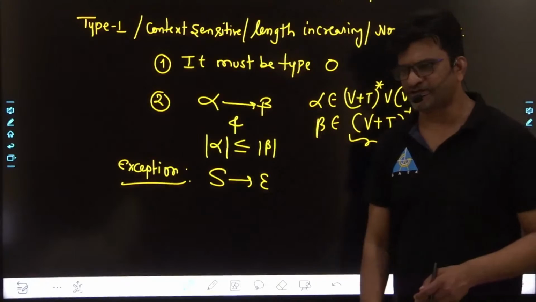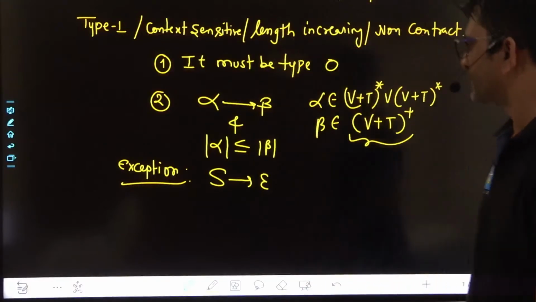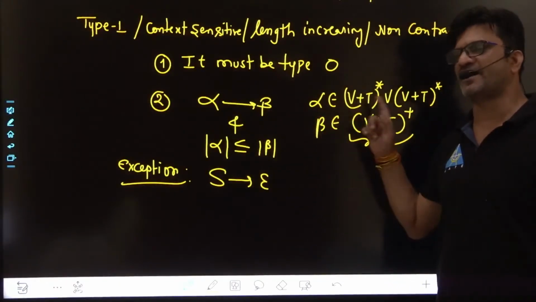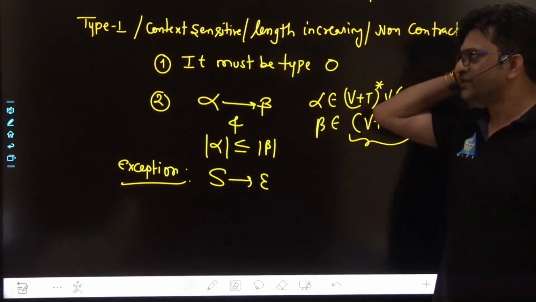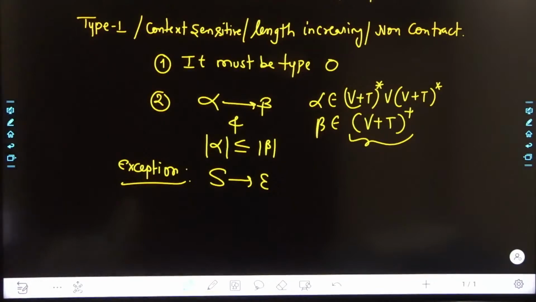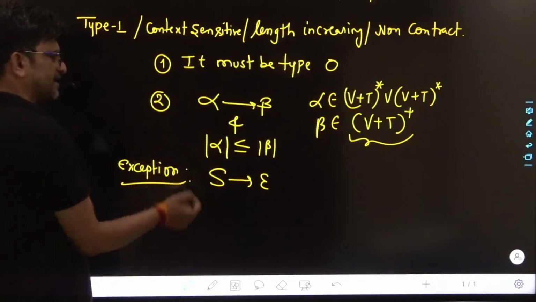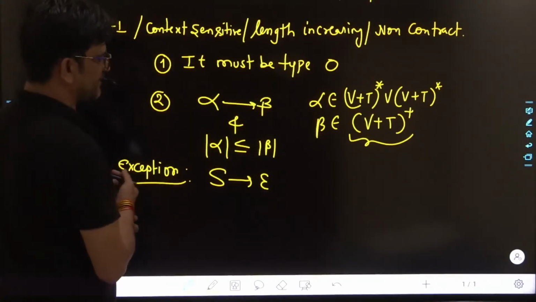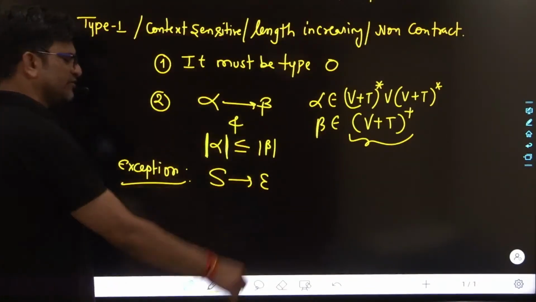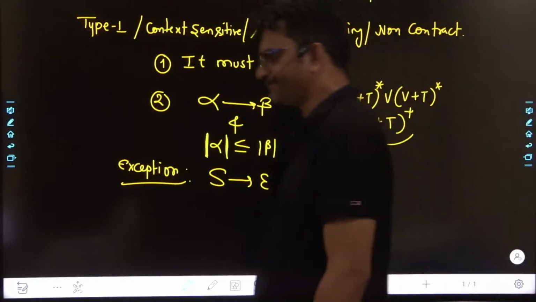So this is the definition of type 1 grammar: left hand side any combination of variables and terminals, right hand side any combination of variables and terminals, and length of the left hand side should be less than equal to length of the right hand side.